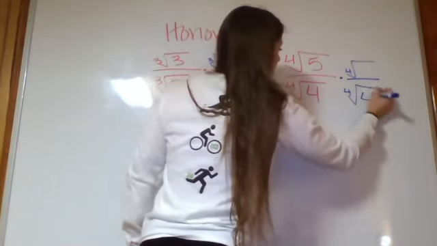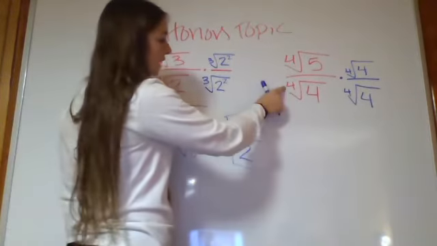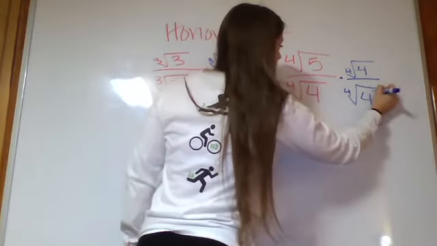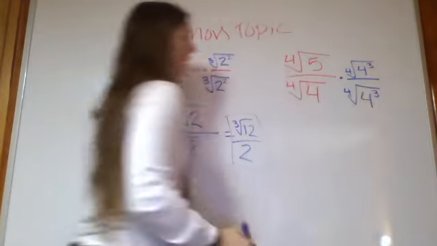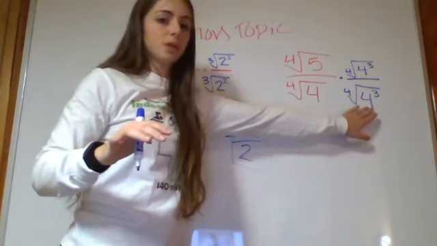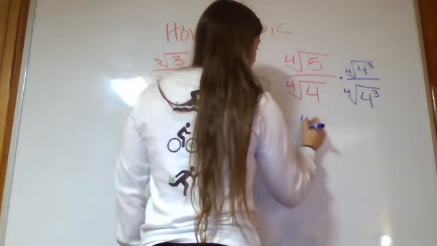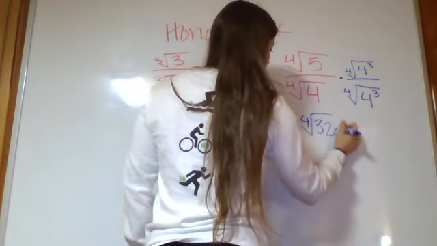So again, it's going to be a 4. We know it has to be a 4, but to what power? So we take the outside number, which is 4 minus 1, gives us 3. This essentially is 4 times 4 times 4. So when we take that, 5 times 4 to the third is going to give us 320.